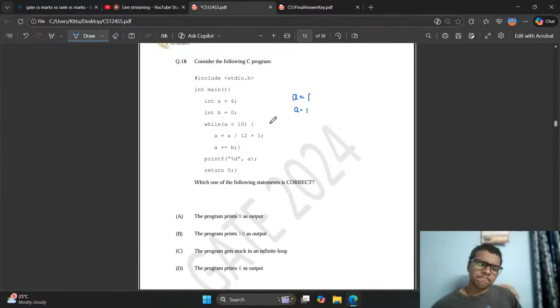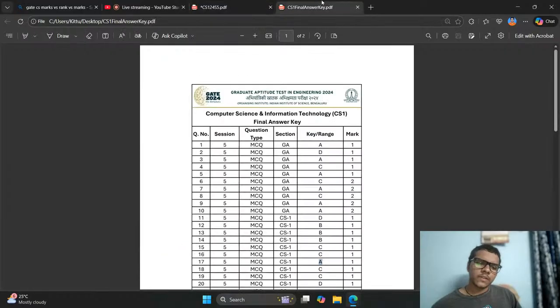And now again, A is equal to 1 by 12. Again, it will be 1. B will be 0. So it will be stuck in an infinite loop.